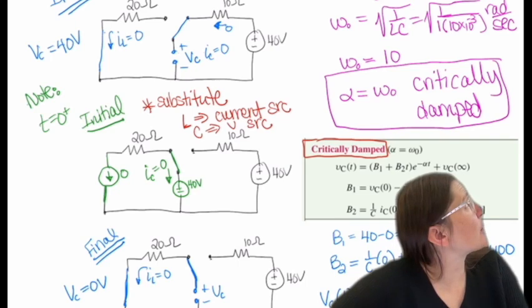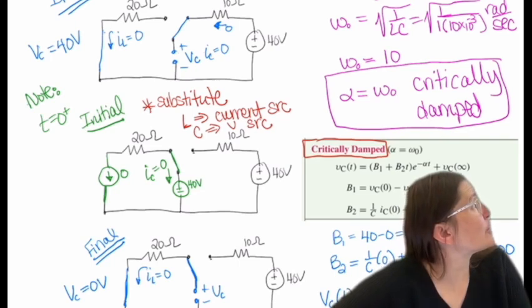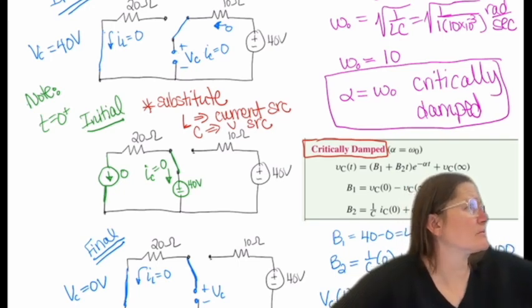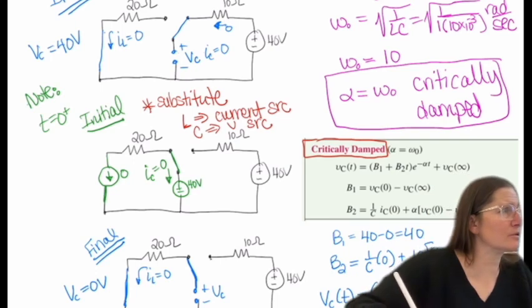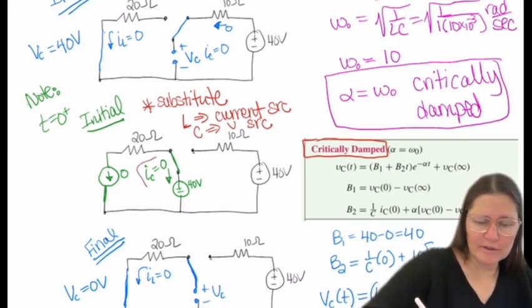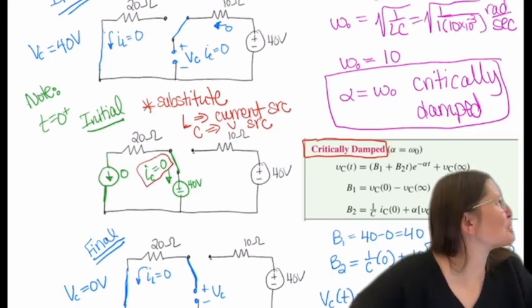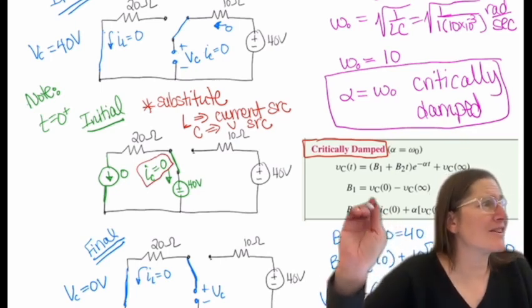So you found above IL was 0 and VC was 40. Because the current source is driving 0, there's no current flow in there, and so IC is going to be 0, and that's the initial value you use. So that's where you found IC was 0 from. Is that clear now?